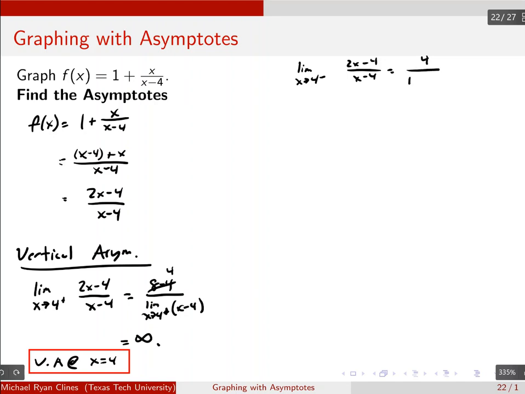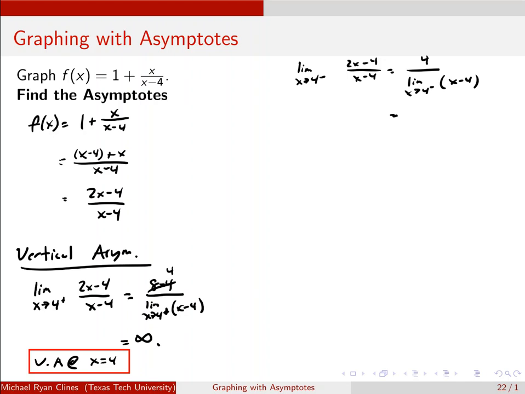That'll become 4 divided by the limit as x approaches 4 from the left of x minus 4. So it's the exact same setup, exact same situation. But the difference is now we are plugging in numbers that are slightly less than 4. So the denominator is going to be all negative numbers in that sequence. But they're negative numbers that are tending to 0.